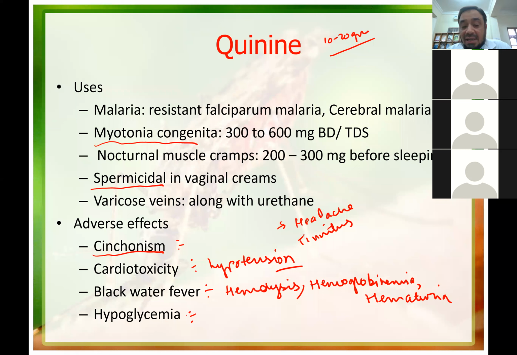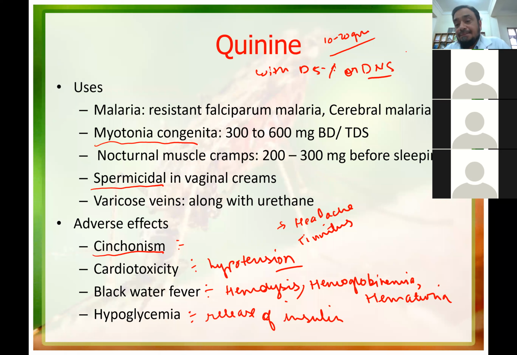Hypoglycemia occurs with quinine because of release of insulin. So whenever we are giving quinine intravenously, what precaution are we taking? We are giving quinine with dextrose 5% or dextrose normal saline. The dose of quinine is 20 milligram per kg initial dose.